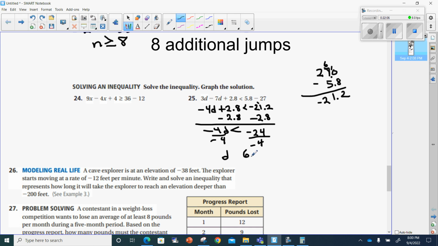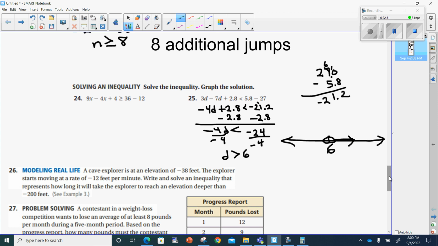It's a positive 6. Since I divided by a negative number, I'm going to turn my symbol in the other direction. It did say to graph, so when I graph this, I put 6 down here. I put an open circle because it doesn't have to equal it. And then it says d is greater than 6.